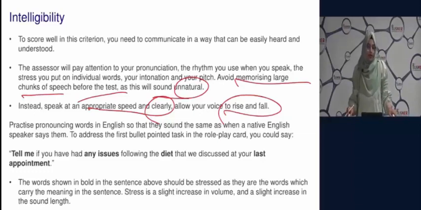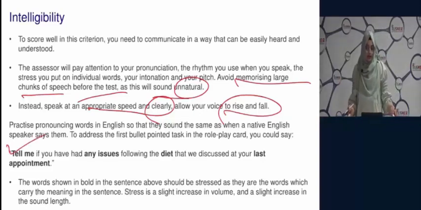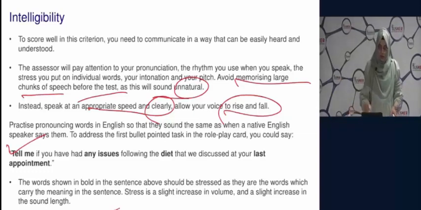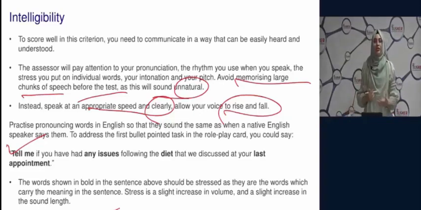To address the first bullet-pointed task in the role-play card, you could say, "Tell me if you have had any issues following the diet that we discussed at your last appointment." The words shown in bold in the sentence above should be stressed, as they are the words which carry meaning in the sentence. So, for example, put stress on the bold words.